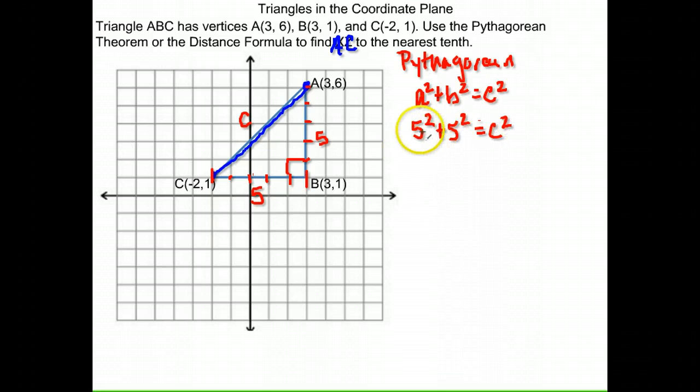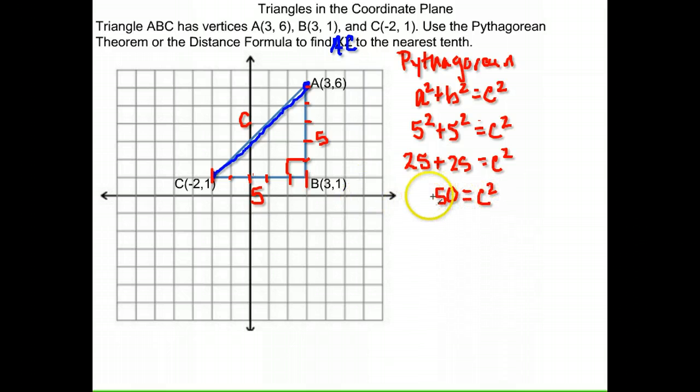Remember that squared means to take a number times itself, so this would be 5 times 5 is 25. 5 times 5 is 25 equals c squared. I add my 25s together to get 50. And so I'm down to c squared equals 50.